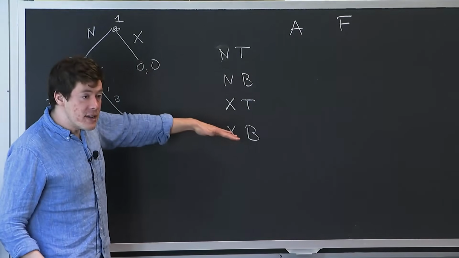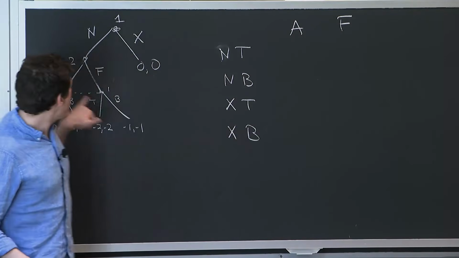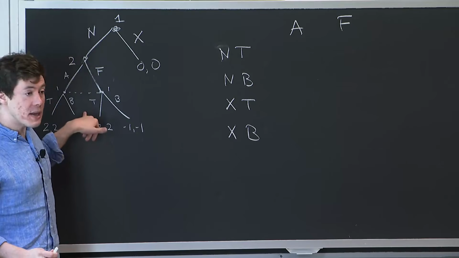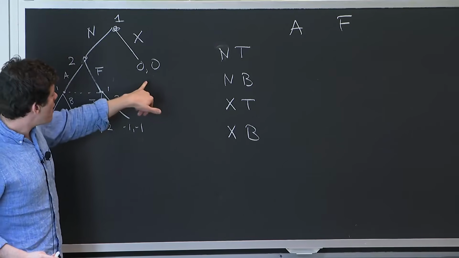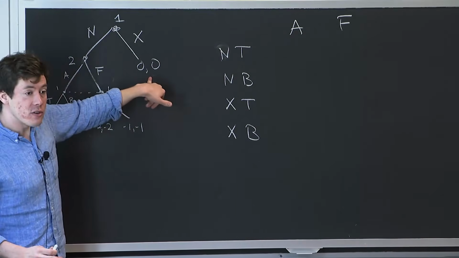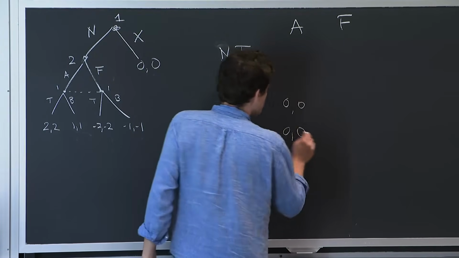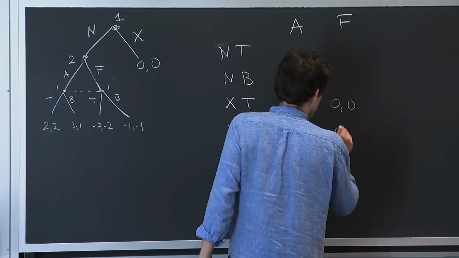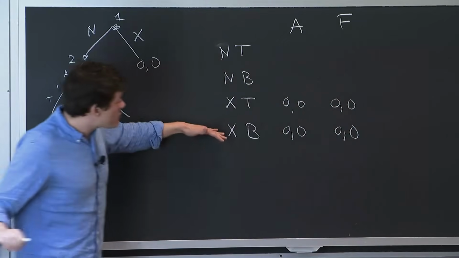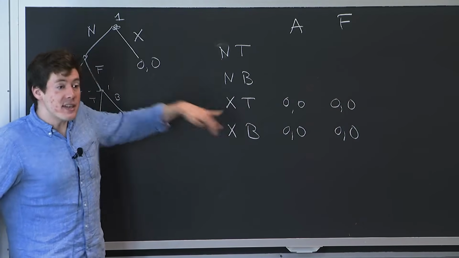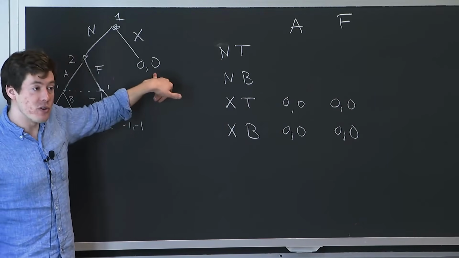If player 1 exits, then we know that no matter what player 2 or player 1 subsequently does, we're going to get 0, 0. So here we're going to have 0, 0 in all of these cells, because in all of these strategies, player 1 first exits, and that just ends the game with a payoff of 0, 0.